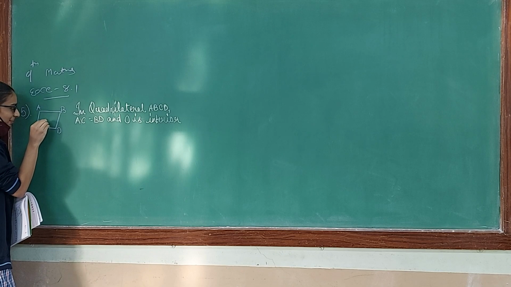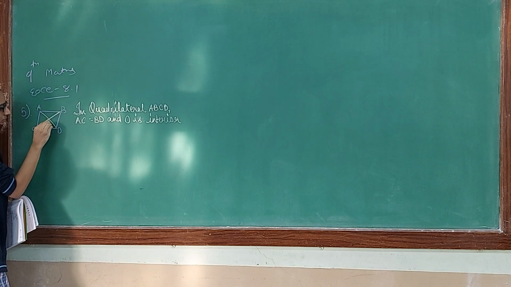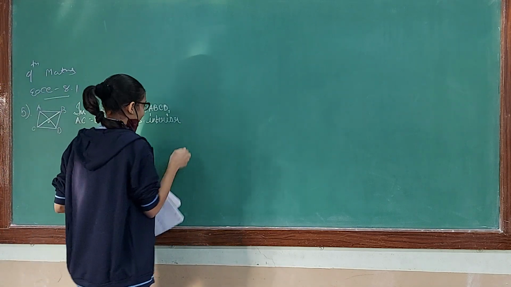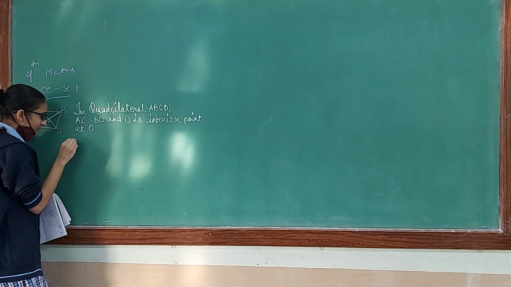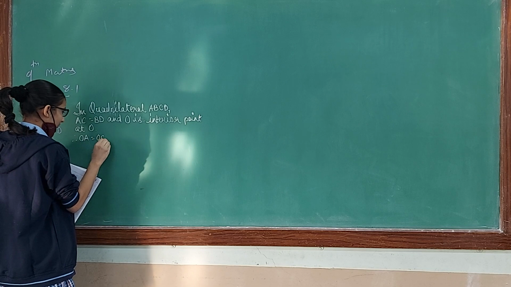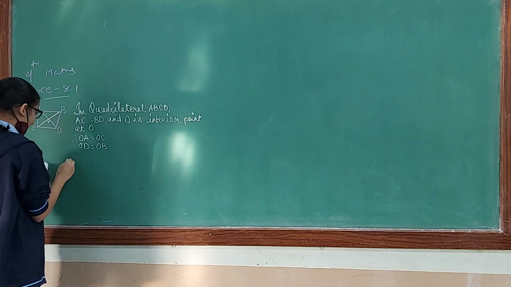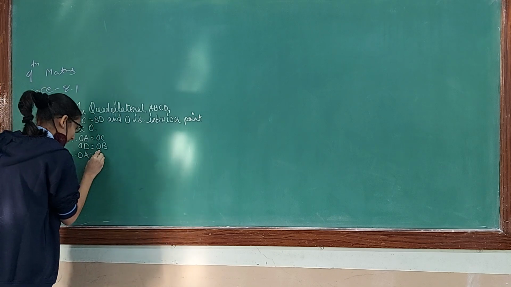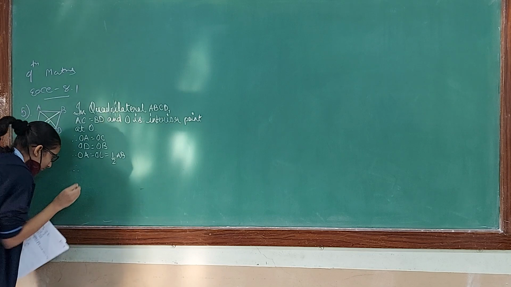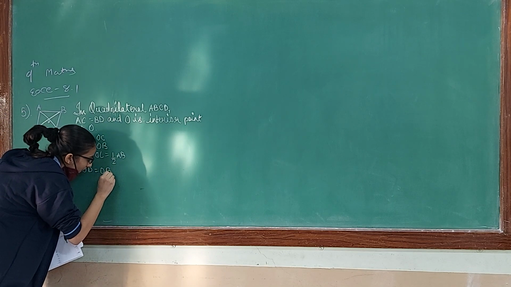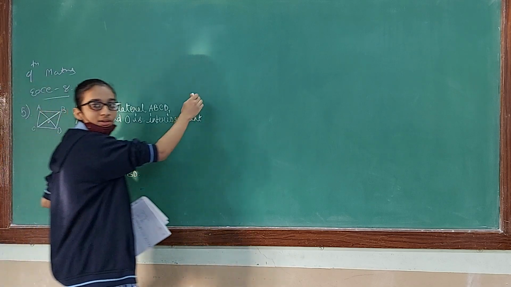But she even wrote AC equals BD, and that the diagonals intersect at the center or midpoint, we can say, is O. No problem.